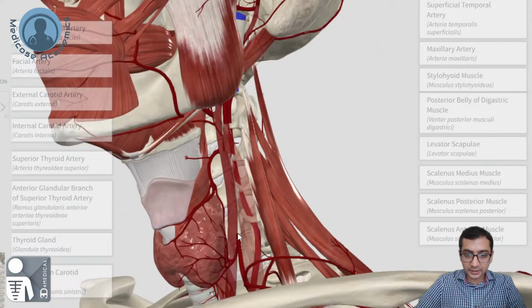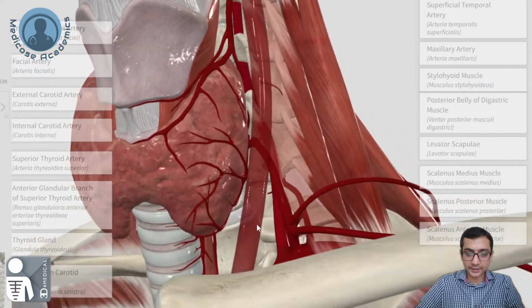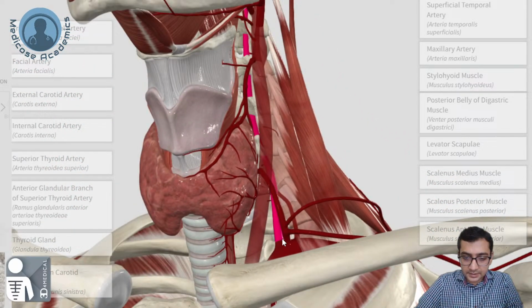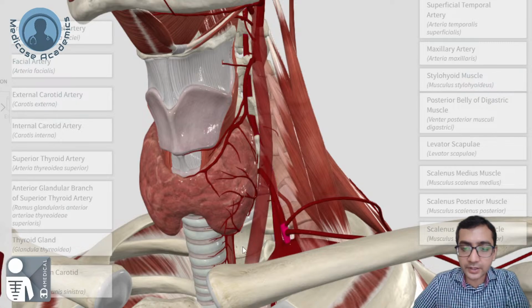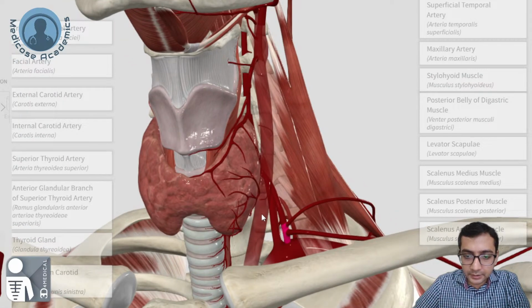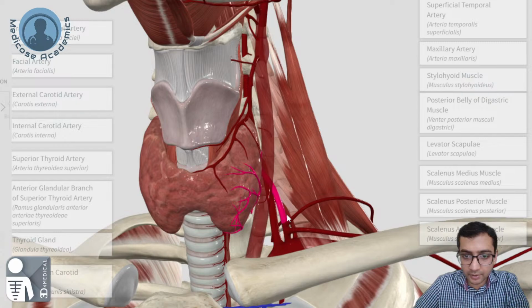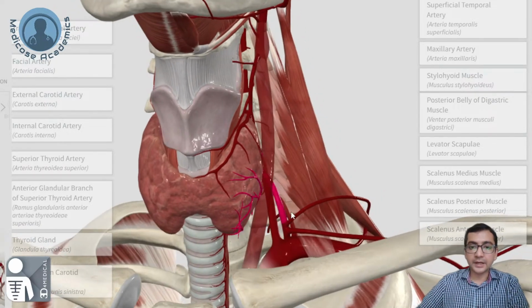Let's look at the other structures coming from here. This is the thyrocervical trunk. Itself, it's very small, maybe a centimeter or a little more, and it has a very important branch that goes above, the inferior thyroid artery. It is like a loop.